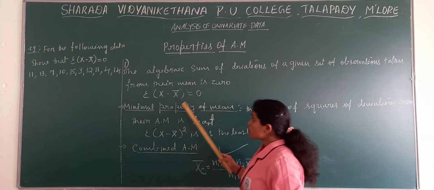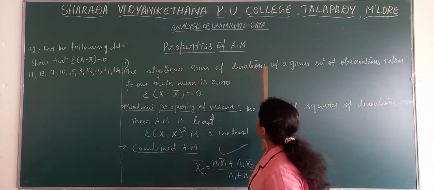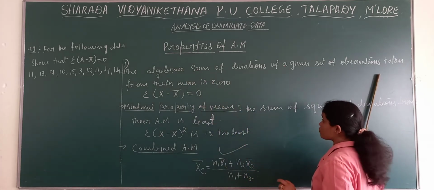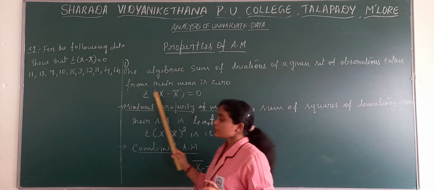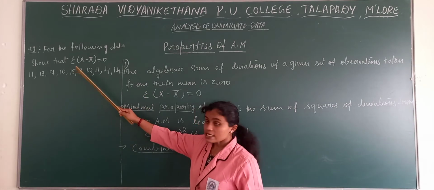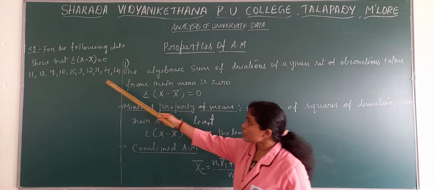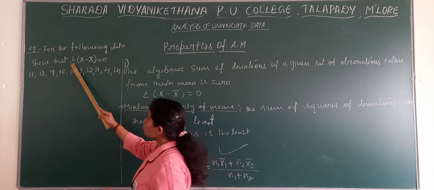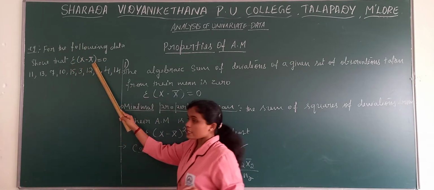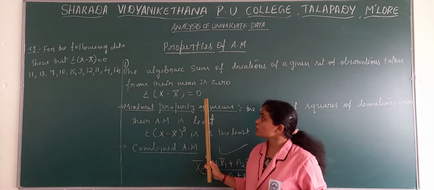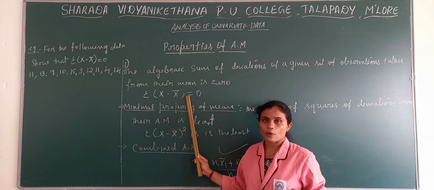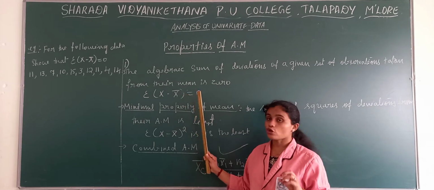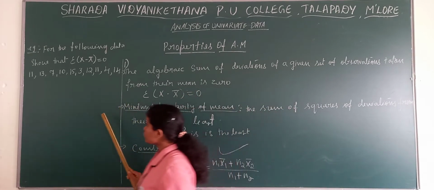Now see the first property: the algebraic sum of deviations of a given set of observations taken from their mean is 0. Now here is an example. For the following data, we need to show that sigma x minus x bar is equal to 0. We need to prove this first property, whether we get 0 or not. Now how to find out?